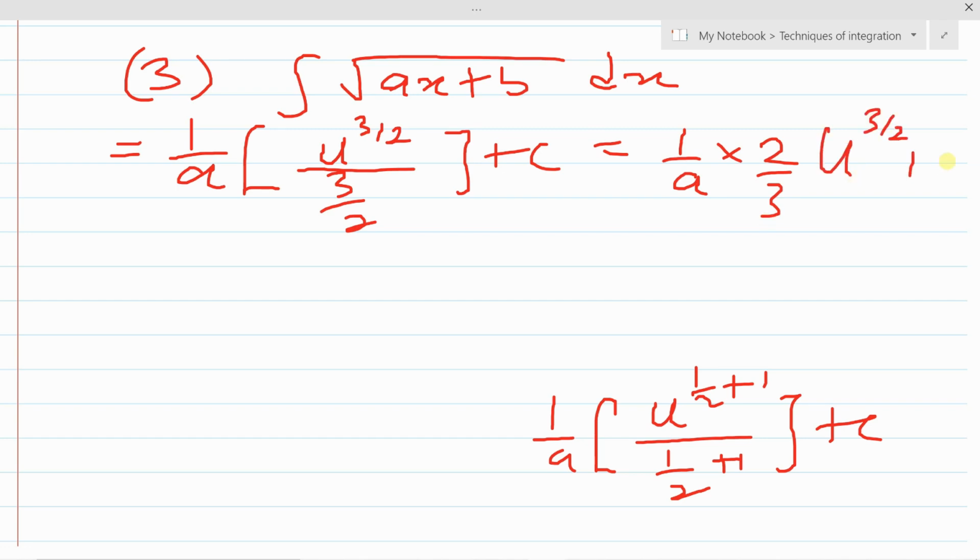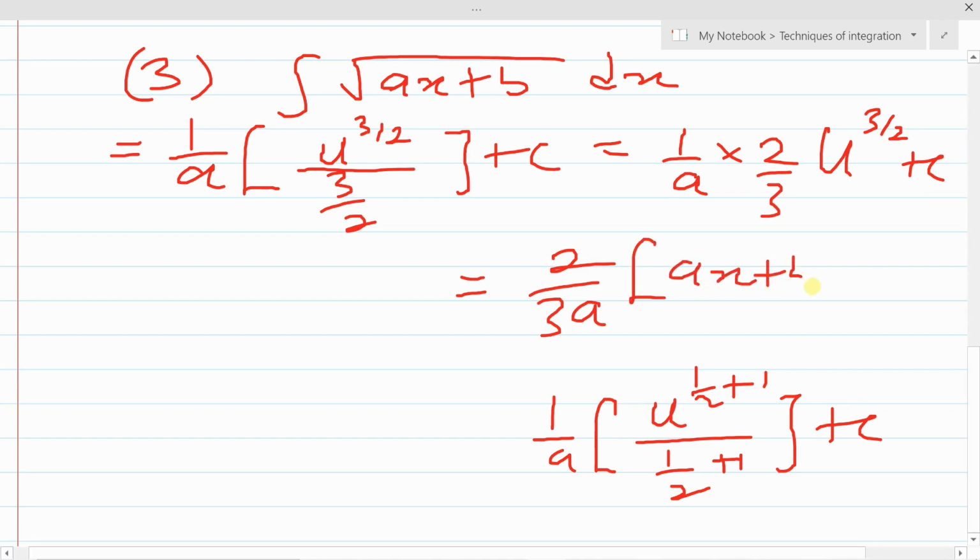Okay, plus c. If you know how to manipulate your fractions very well, this is what you get, and this will give us 2 over 3a, then u to the power, u is what, ax plus b, that is what we did, then to the power 3 on 2 plus c.